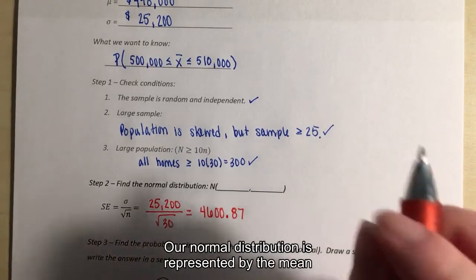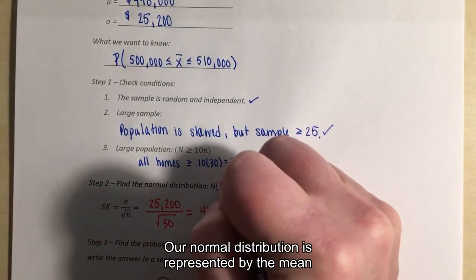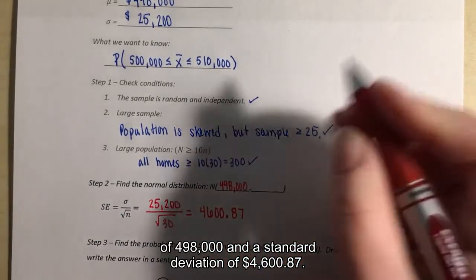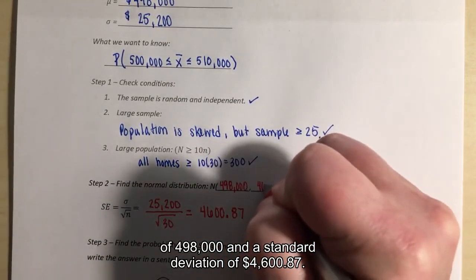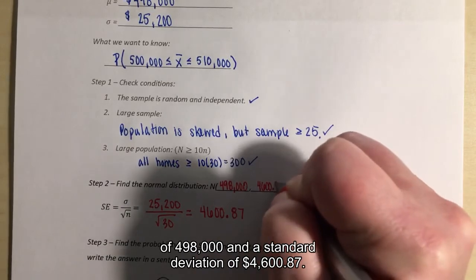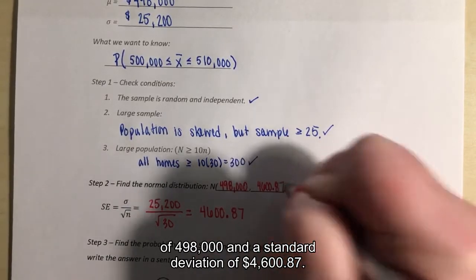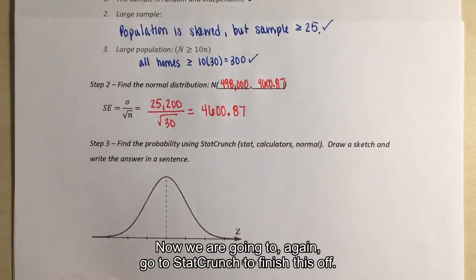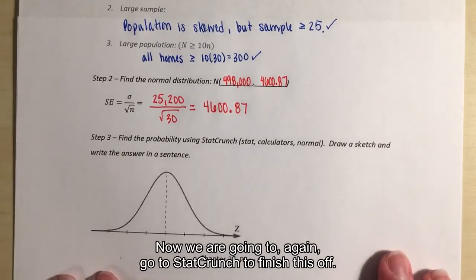Right, so our normal distribution is represented by the mean of 498,000 and then a standard deviation of $4,600.87. All right, so now we are going to again go to StatCrunch to finish this off.